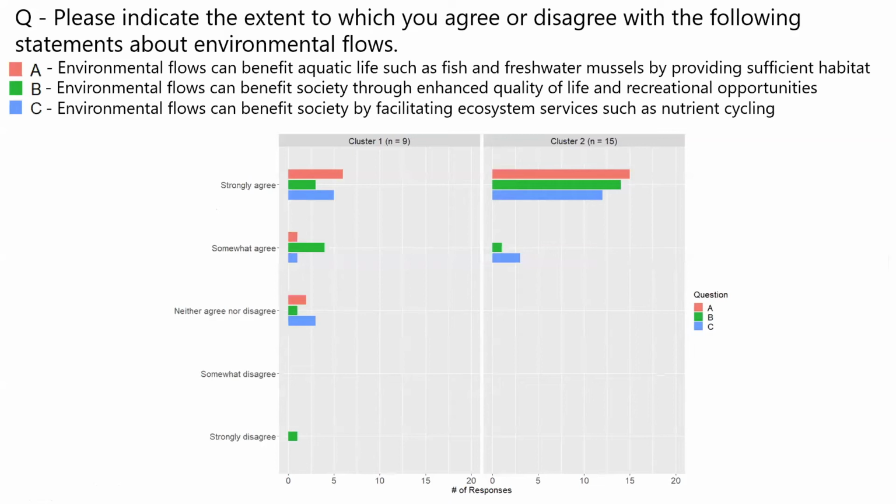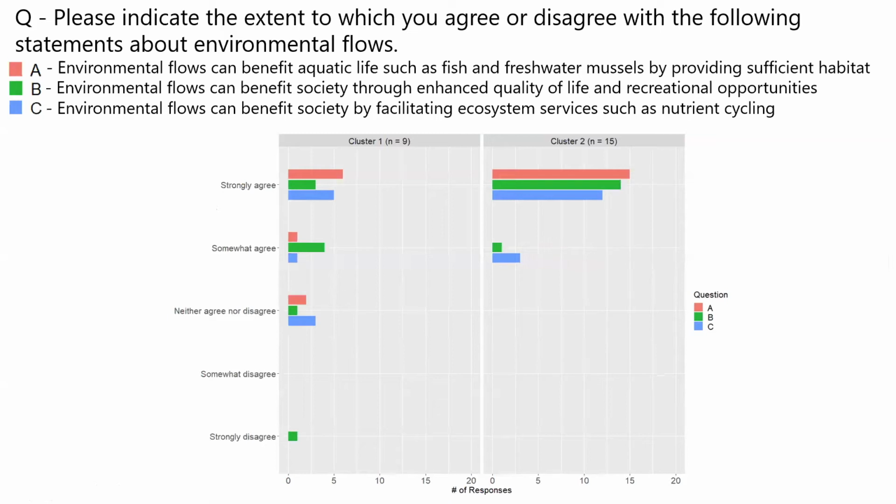And some of the questions that we asked, so this first question asked whether you disagree or agree with the following statements about environmental flows. This question was geared towards seeing if people thought environmental flows are important.